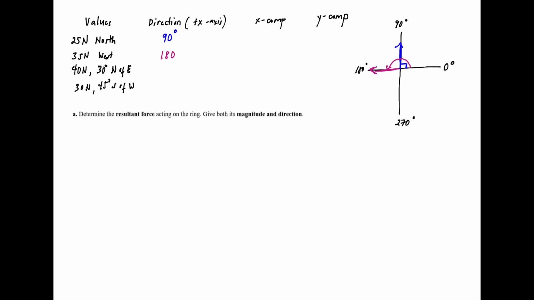Now, how about 40 Newton 30 degree north of east? So that means from east going to north around 30 degree. So this one is a 30 degree. And so the proper angle is still 30 degree. And then we have 45 degrees south of west.